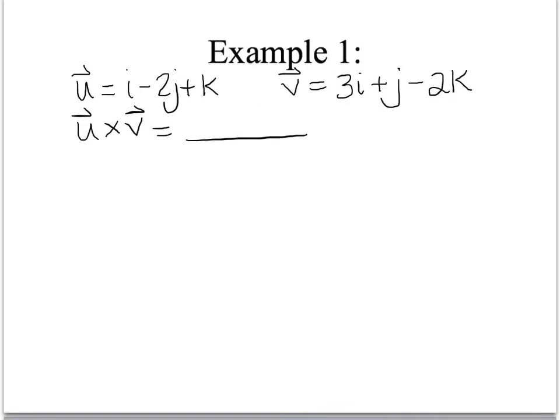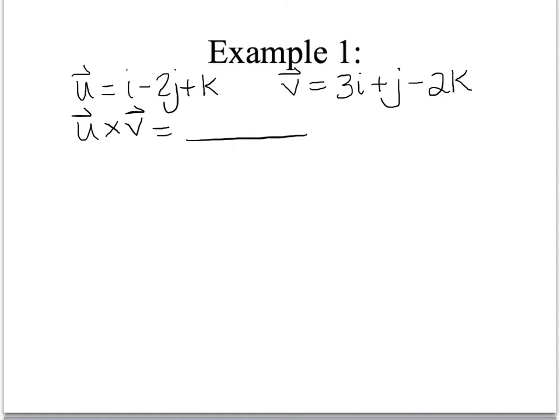Here is our first example. Vector u is i minus 2j plus k, and vector v is 3i plus j minus 2k. So if I want to do the cross product, instead of having to memorize the formula and remember which ones to use, there's an easy way to set this up to show you which numbers to use to do your determinants.